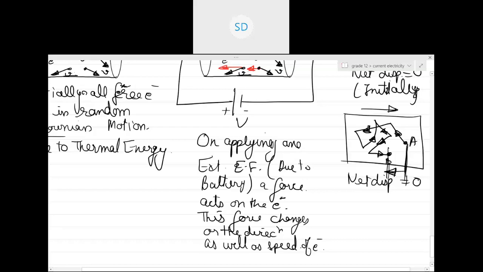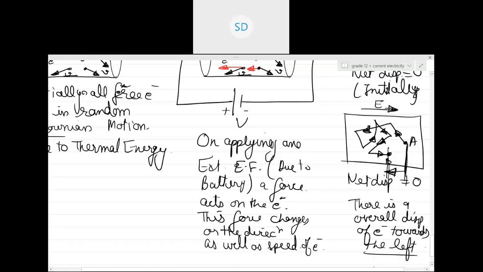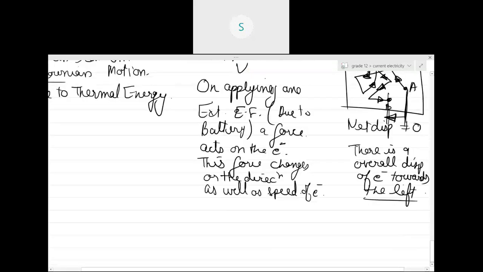If you set up an electric field like this, the trajectory changes in such a way that the particle displaces overall towards the left, that is, towards the opposite direction of the electric field, right?